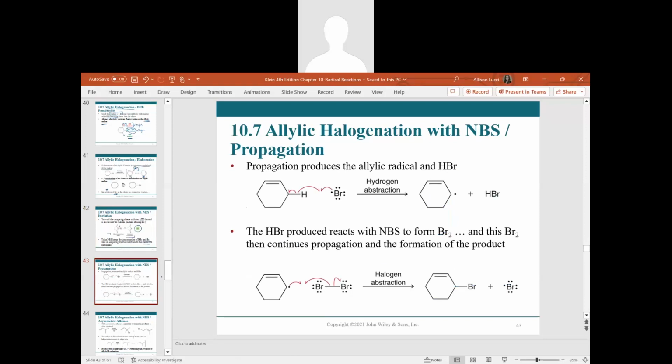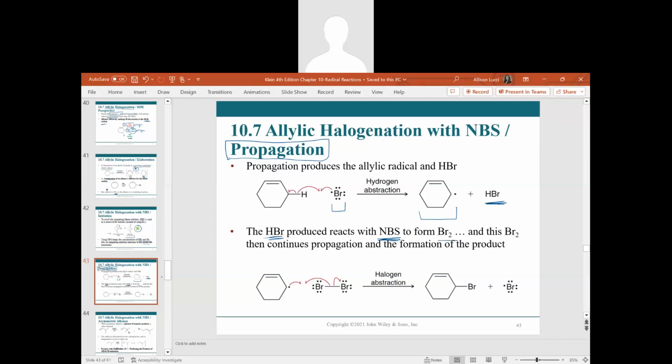Let's take a look at how this happens. If we do this halogenation with NBS, during the propagation step a radical is used, a new radical is generated, and we also create HBr in this first hydrogen abstraction step. Then this HBr reacts with NBS to form Br2, and this is that self-sustaining reaction.